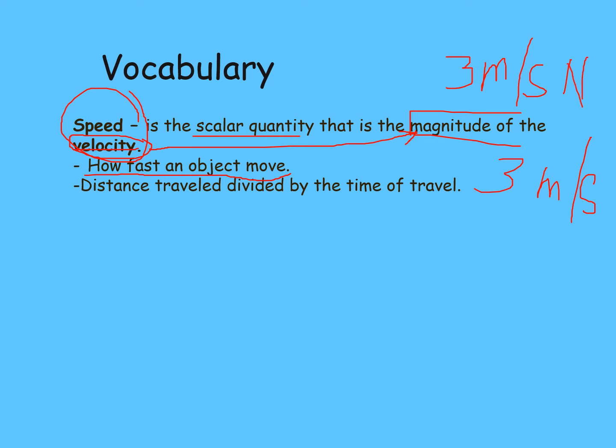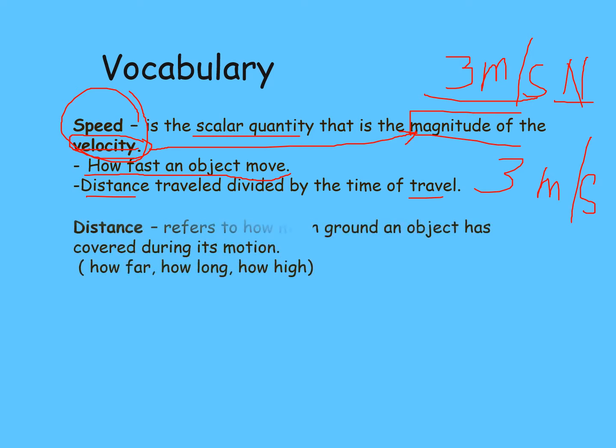So we have here the magnitude and the direction of the movement. Another one, speed is also the distance traveled divided by the time of travel. So that is speed. Next, we have distance.